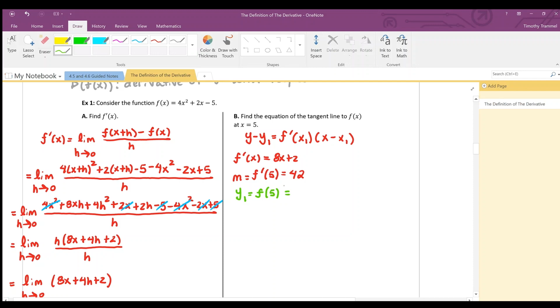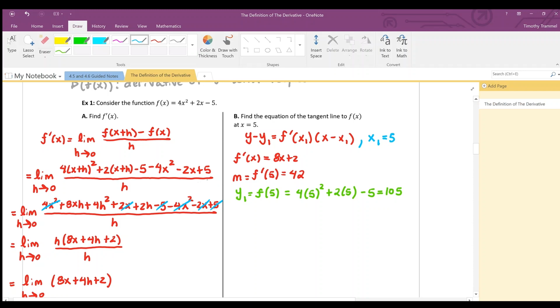And if we plug 5 into f, that's 4 times 5 squared plus 2 times 5 minus 5. And that gives us 105. And you may have already caught on, for x1, we've been using 5.